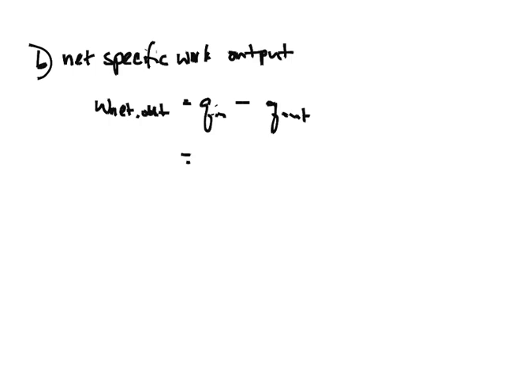And we can rewrite this in terms of our individual steps. Q in occurs from 3 to 4. And now I'm going to add this again because Q out has a negative sign associated with it. So the negative and negative is going to make a positive when we write Q out on an absolute basis. So Q3 to 4 plus Q1 to 2.